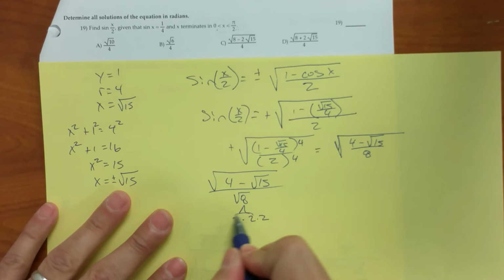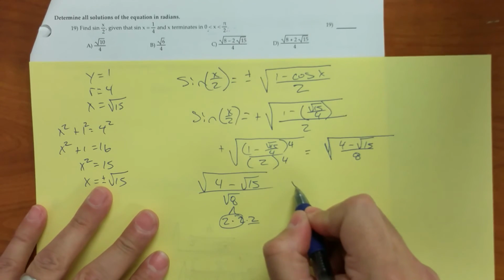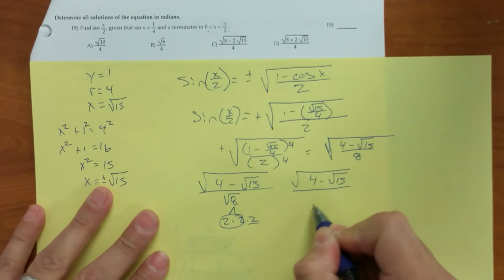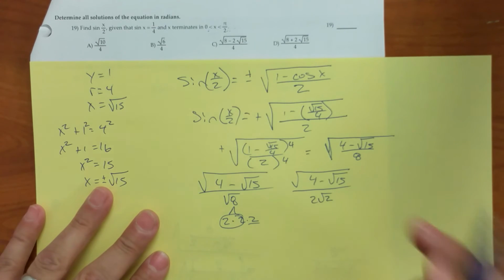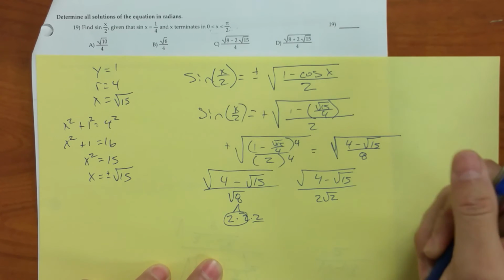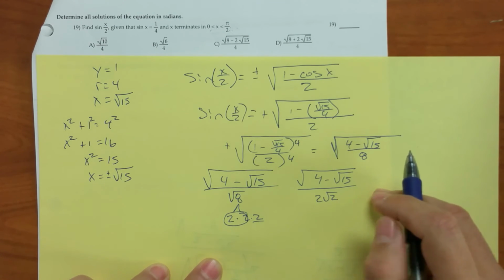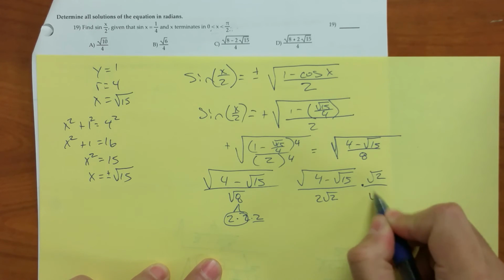So that's going to give me 2 radical 2 on the bottom. Now from right here, we go through and we multiply. So we're trying to rationalize here. So we're going to multiply by radical 2 over radical 2.